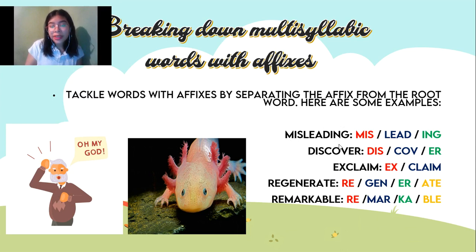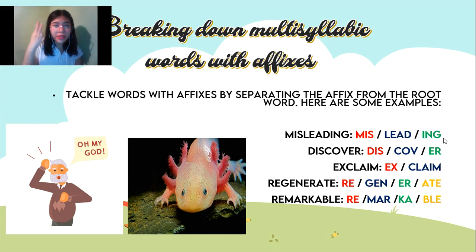We have the word misleading. So we separate the prefix and suffix, and we have that our first syllable is mis. Then we have the second syllable, which is lead, mislead. And at the end we have our syllable ing: misleading.